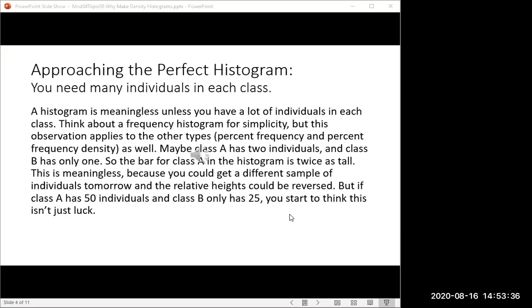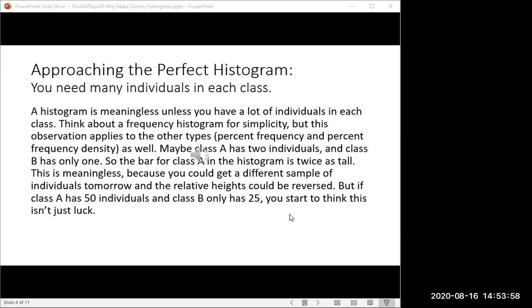So what would make a really good histogram? One thing is that when you look at the bars in the histogram, the height of each bar has to really mean something. In a few of our examples that we made for our homework, we did not have a lot of data.